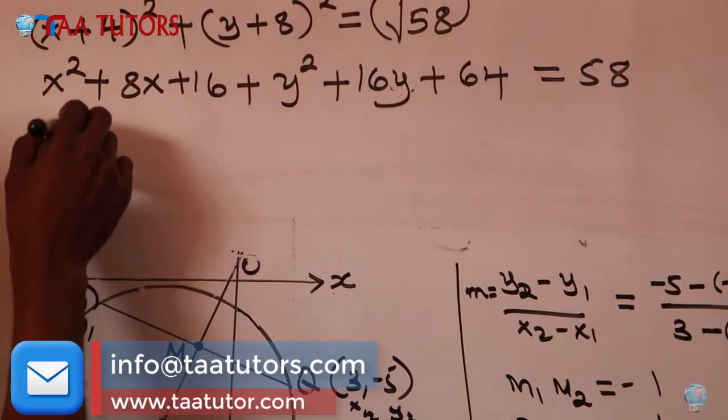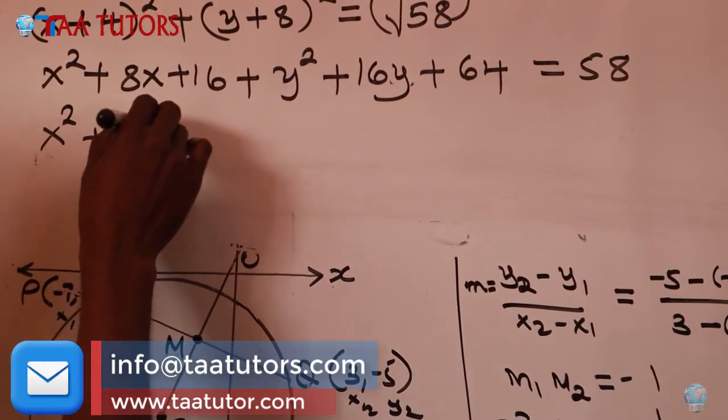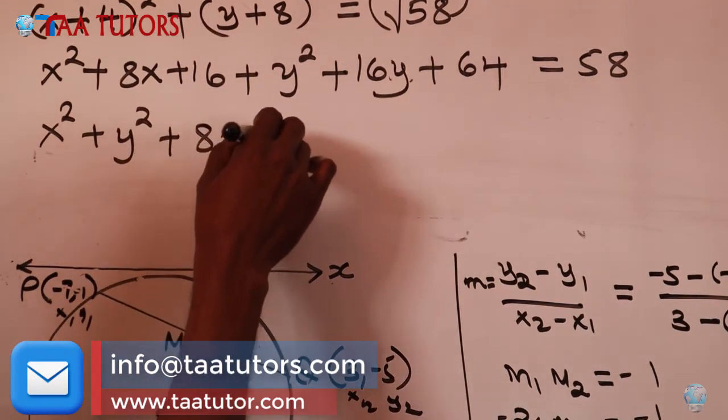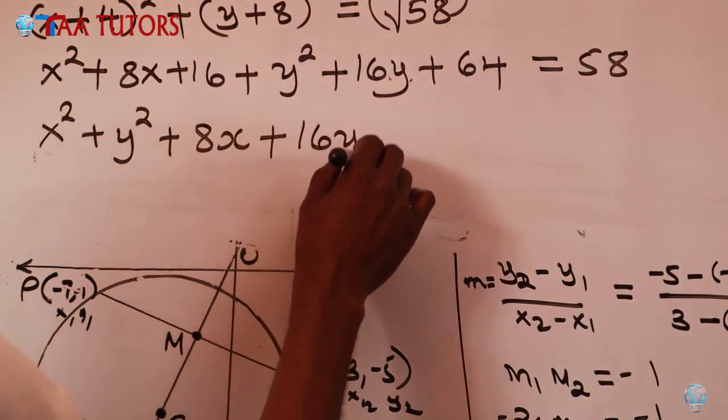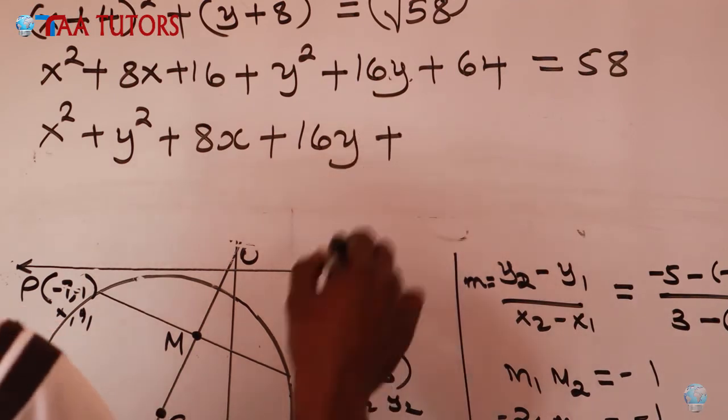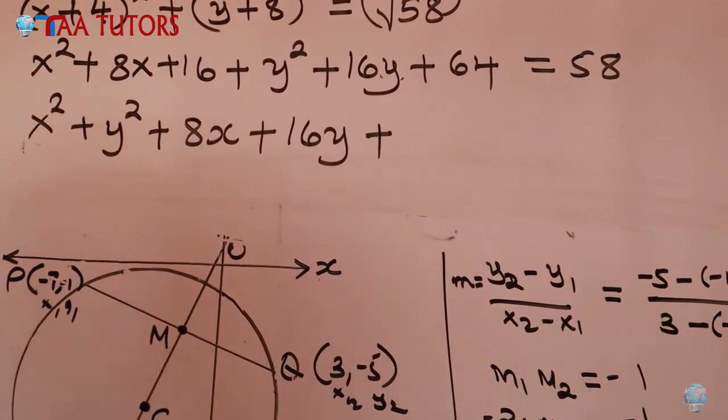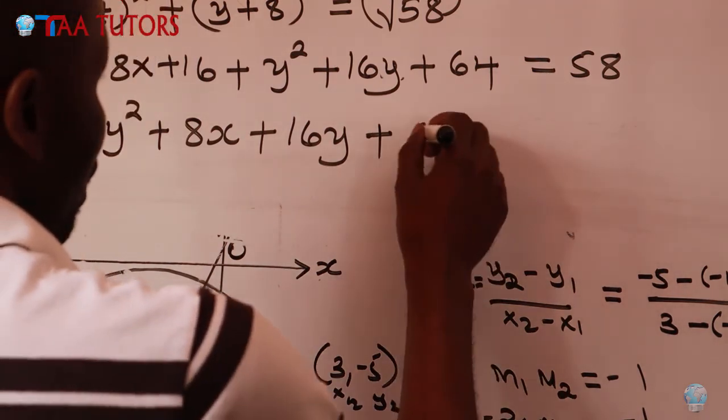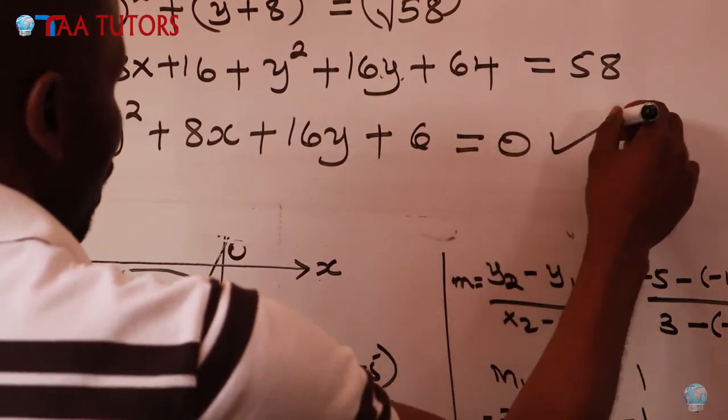So if I bring it together, x squared plus y squared plus 8x plus 16y plus 64 minus 58, 64 minus 58 you get 6, so 6 equals 0.